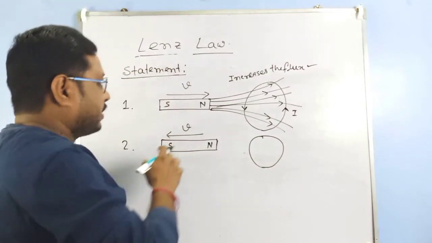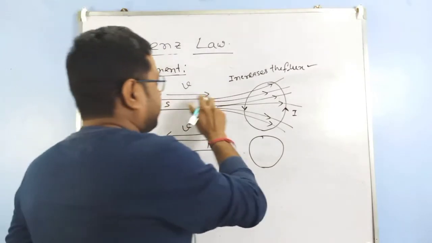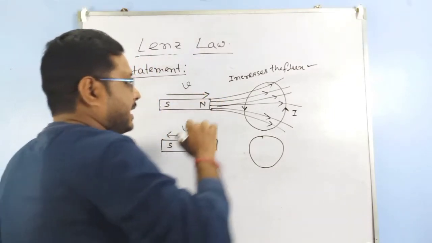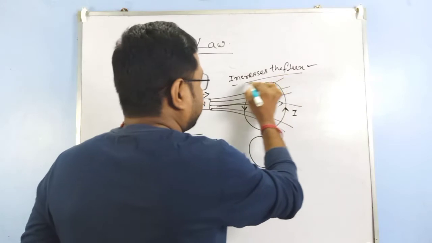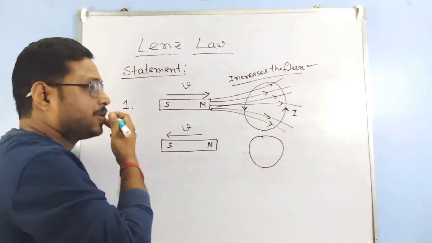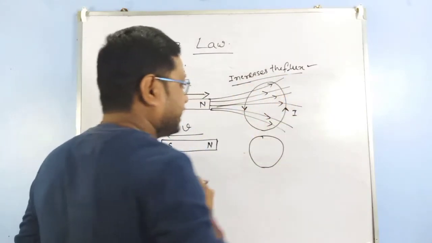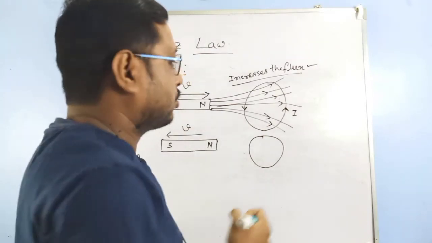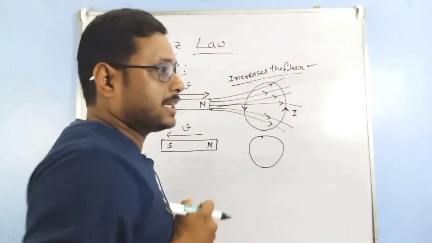So when the magnet is moved towards the coil, the flux will increase, but the current flows in such a direction that it produces another magnetic flux which is opposite to the original flux.